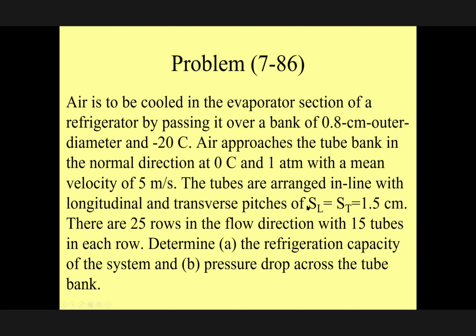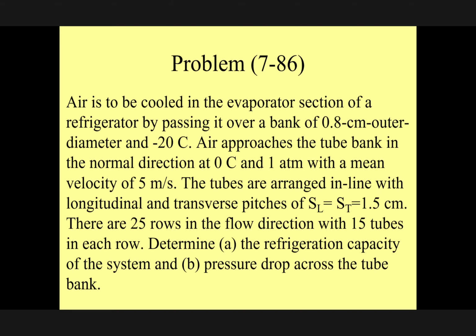Therefore, longitudinal and transverse spacing are the same, 1.5 centimeter. This is the distance, and this is the diameter of the pipe. There are 25 rows in the flow direction. Therefore, as air goes, it has to pass 25 tubes. Determine the refrigeration capacity of the system and pressure drop across the tube.